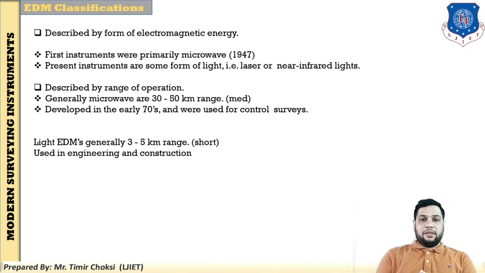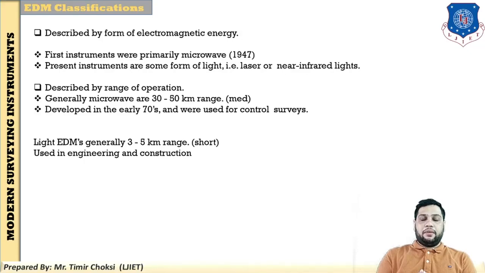So in EDM classification, there are types based on electromagnetic energy and on range of operation. Described by electromagnetic energy, the first instrument, found in 1947, is called the microwave instrument.